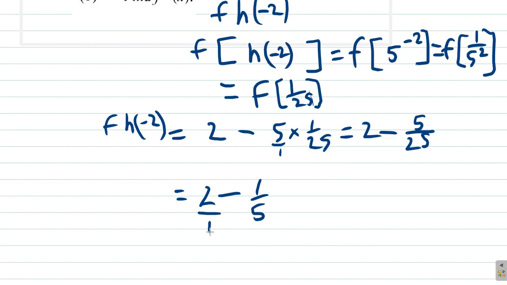You can bring it right down to a number. If you use the LCM method, or I always like using the common denominator method, you have something over 5 minus 1 over 5. To get this 2 to become something over 5, you would have to multiply by 5.